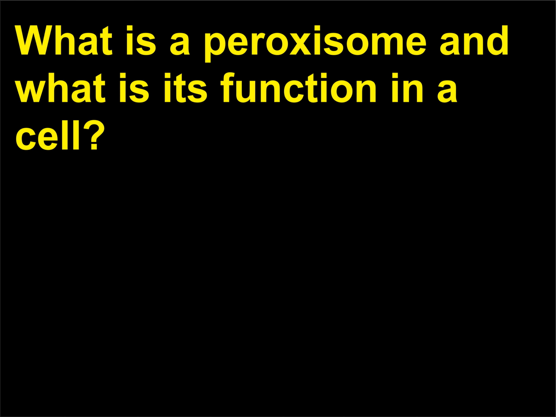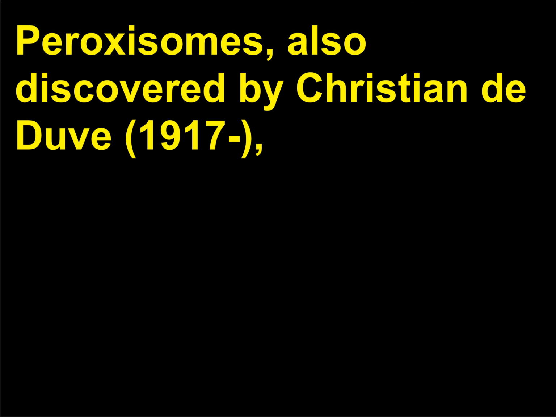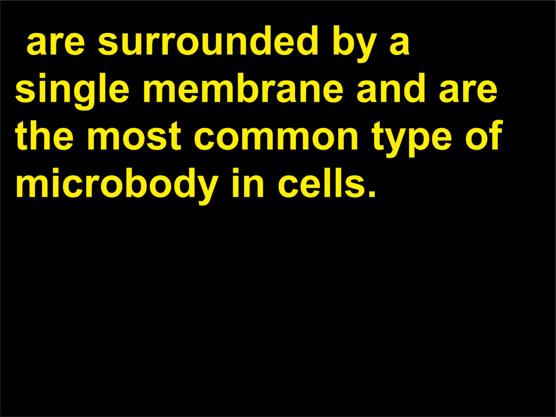What is a peroxisome and what is its function in a cell? Peroxisomes, also discovered by Christian de Duve, 1917, are surrounded by a single membrane and are the most common type of microbody in cells.